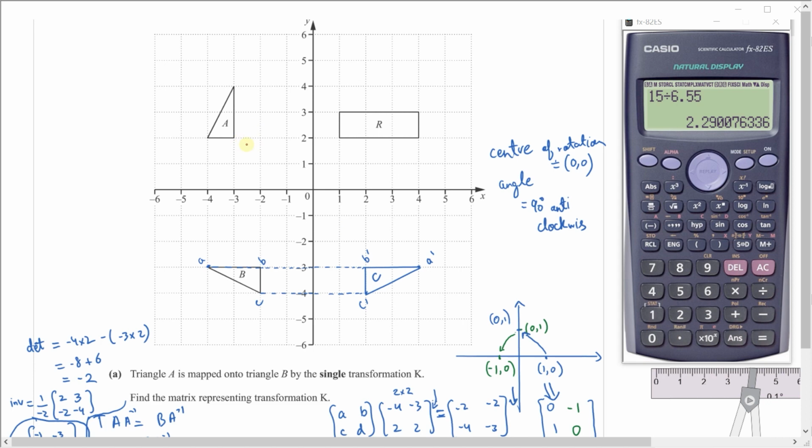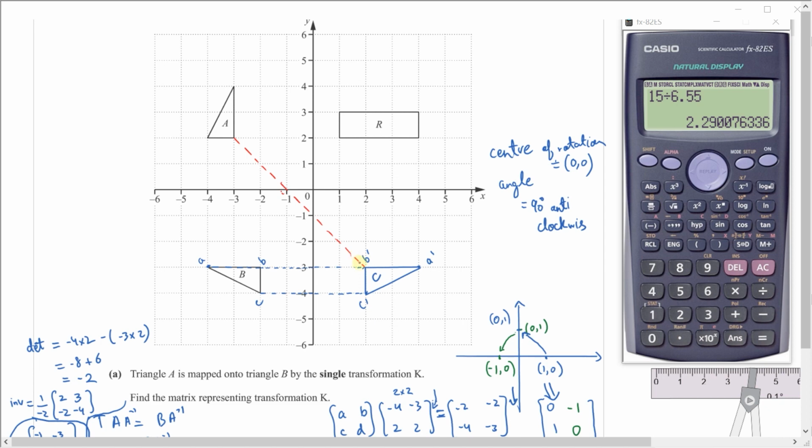So let me join these two. So now if I take the perpendicular bisector of this line here, that will be my line of reflection.